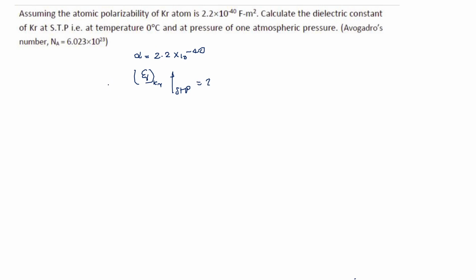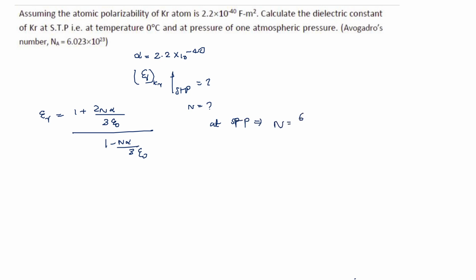You have to use the Clausius-Mossotti equation. Epsilon r is equal to (1 plus 2n alpha divided by 3 epsilon 0) divided by (1 minus n alpha divided by 3 epsilon 0). The n value is the number of atoms per unit volume. At STP, how can we calculate the n value?